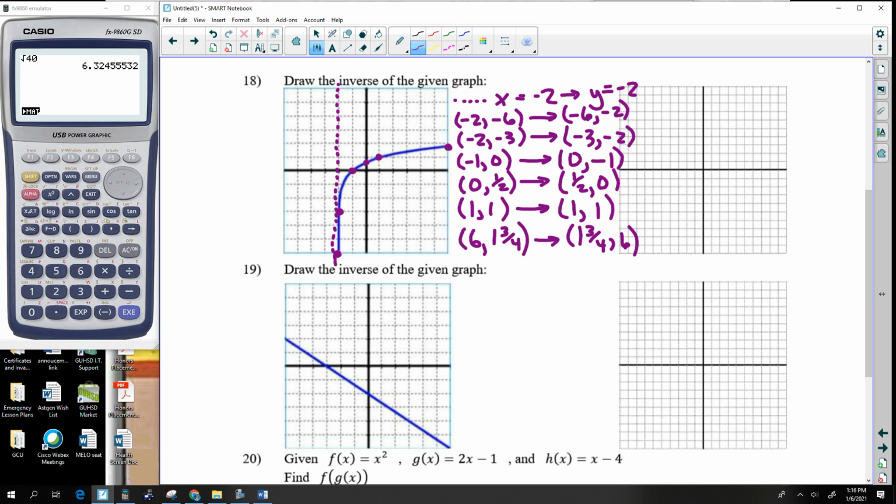All right, so let's go ahead and mark this up. So that means that y is negative 2. Okay, y is negative 2.